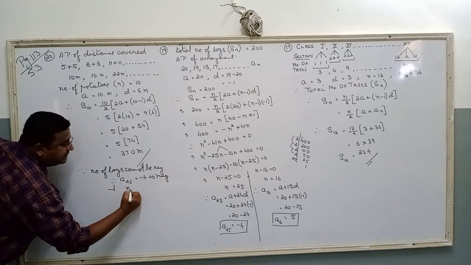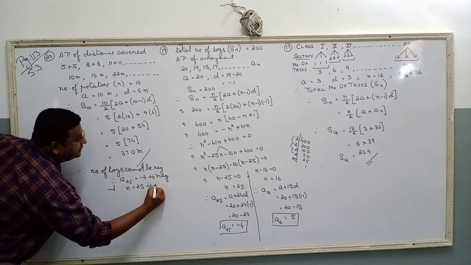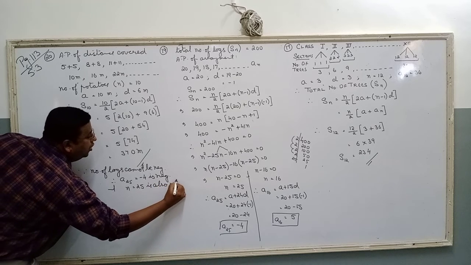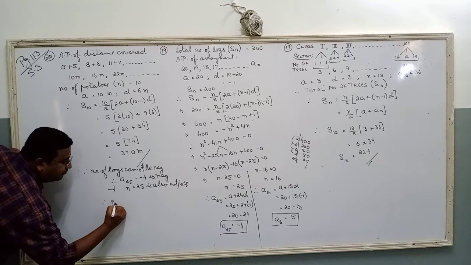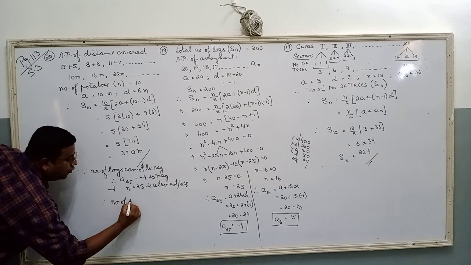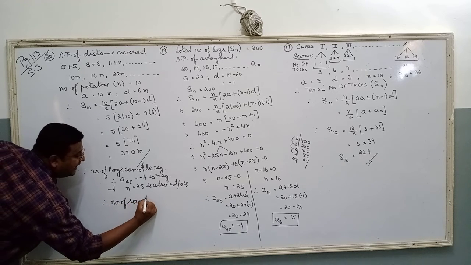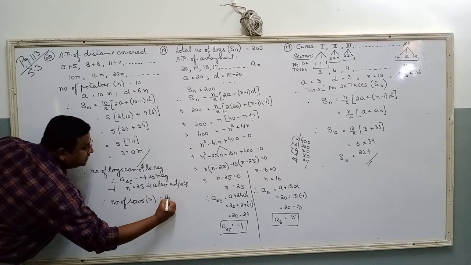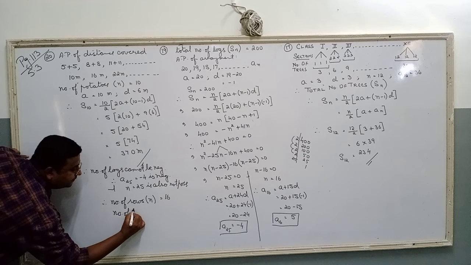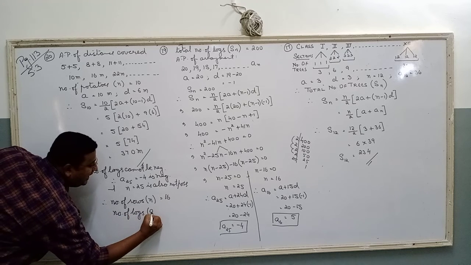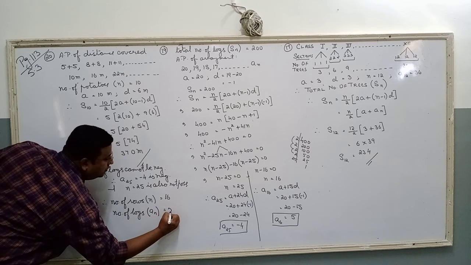So n is equal to 25 is also not possible. So therefore the number of rows, that is n, is equal to 16, and the number of logs, that is a n, is equal to 5.